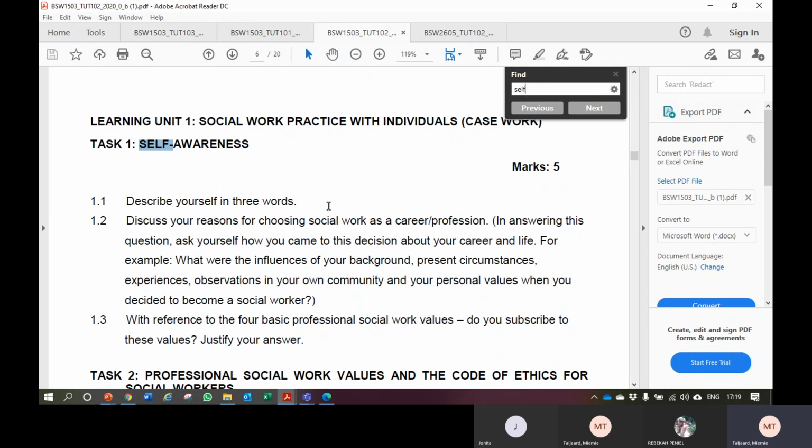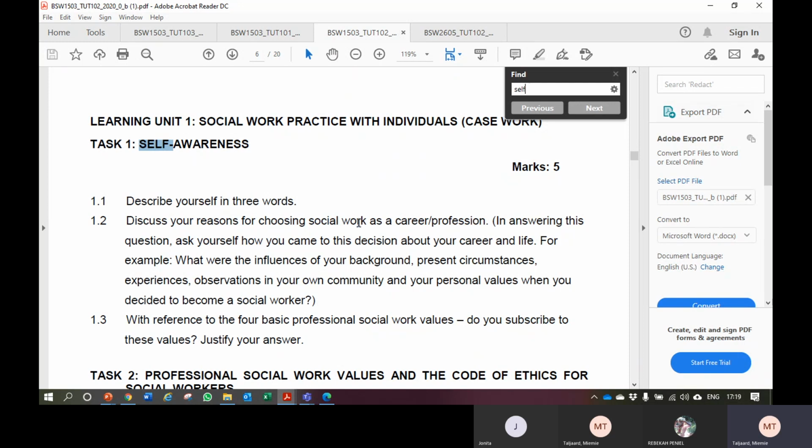It looks like those things that you find on Facebook. And then do you see how they give you: discuss your reasons for choosing social work as a career or a profession, and that is your instruction. The rest of it is what they call scaffolding.